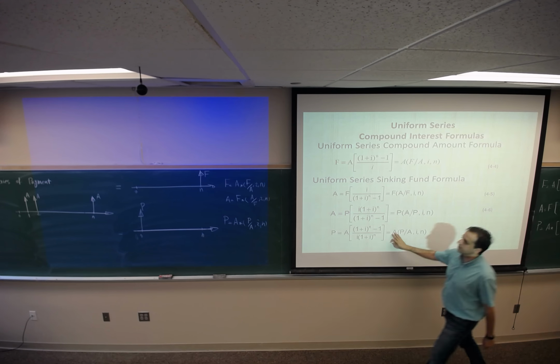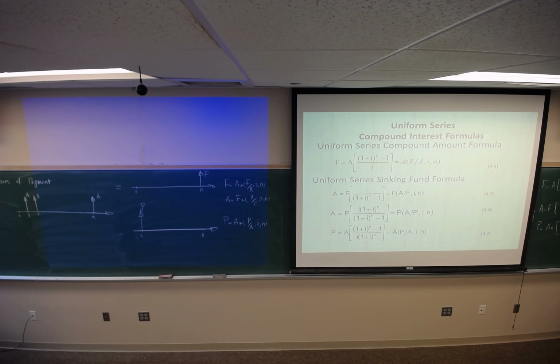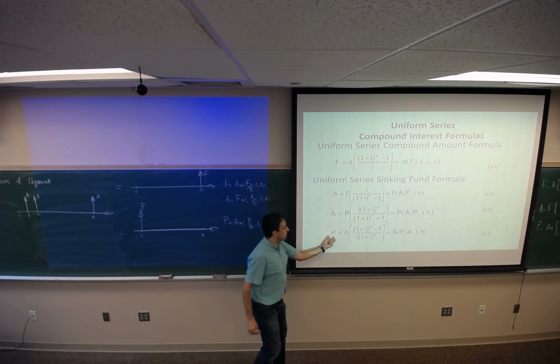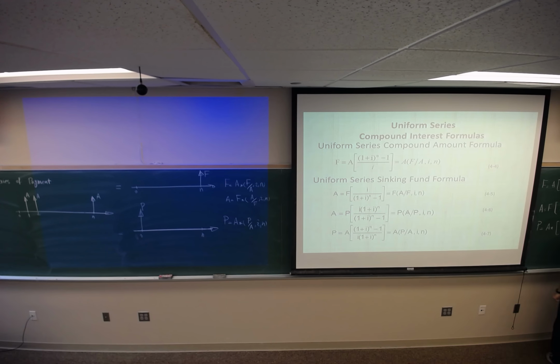And we call this uniform series present worth factor or formula because it's going to give us the present worth or the present value of uniform series of the payment.